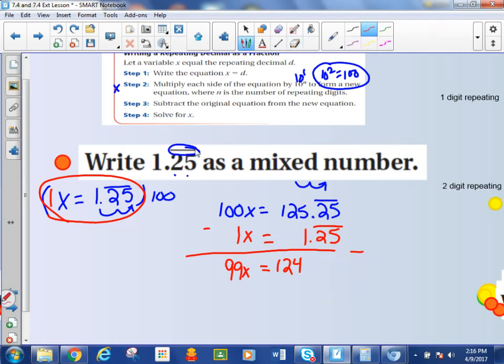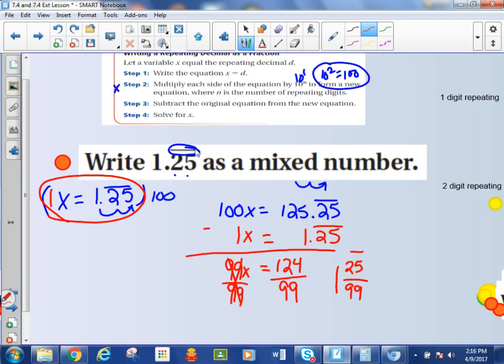Now to get x by itself, we'll divide by 99. Divide by 99. If we do that, we get 1, and left over would be 25 over 99.